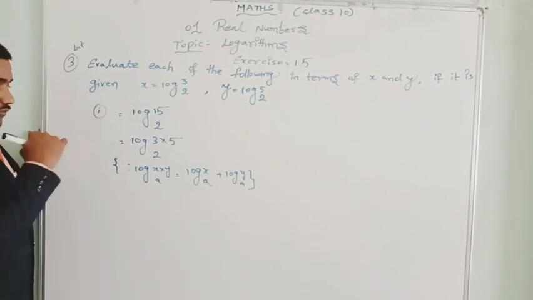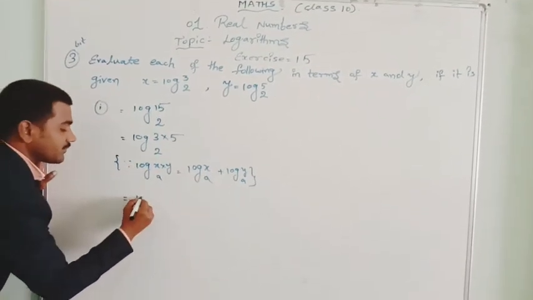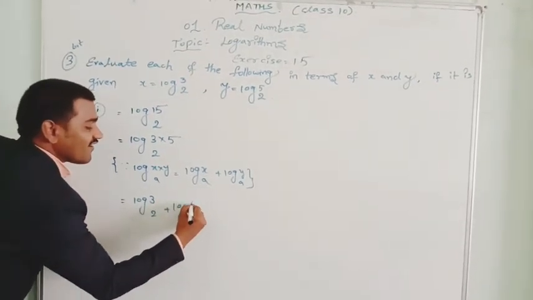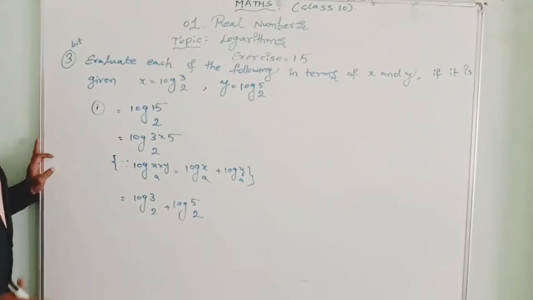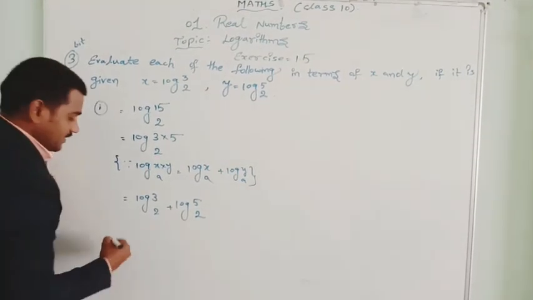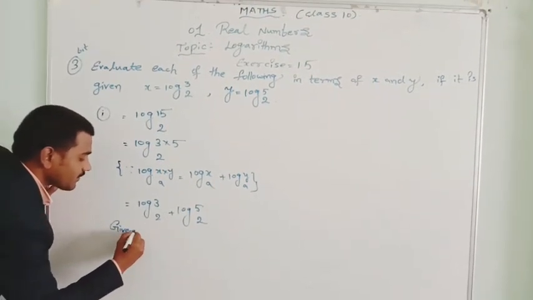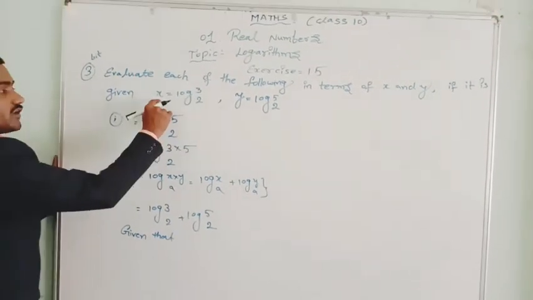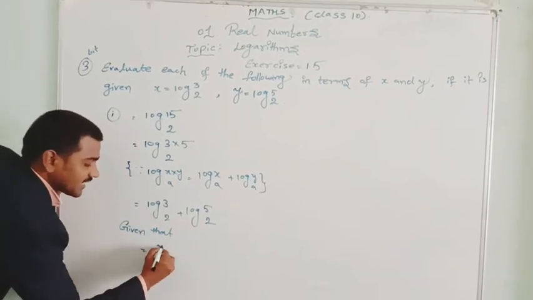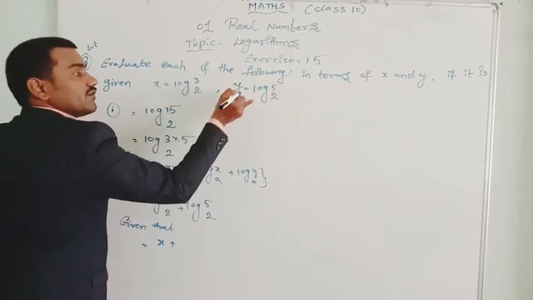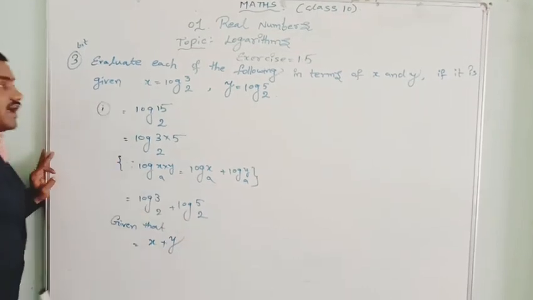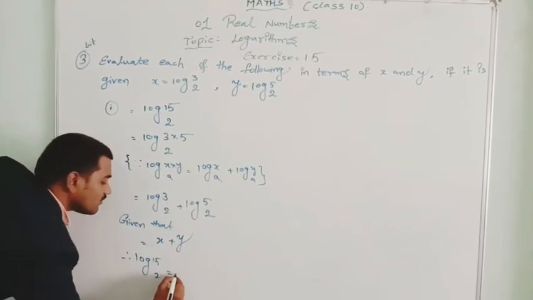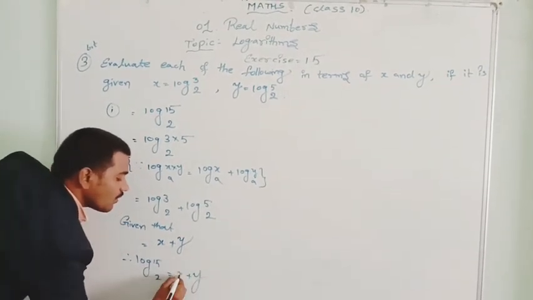So now we change this to log 3 base 2 plus log 5 base 2. As given in the question, log 3 base 2 equals x, so this value is x, plus log 5 base 2, whose value is y. Therefore log 15 base 2 equals x plus y.